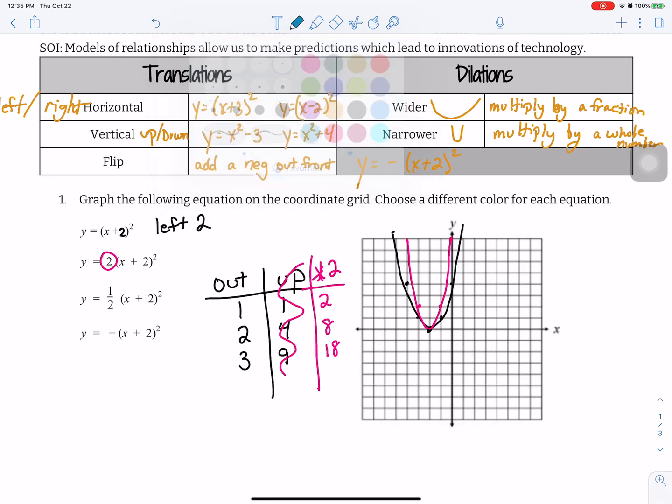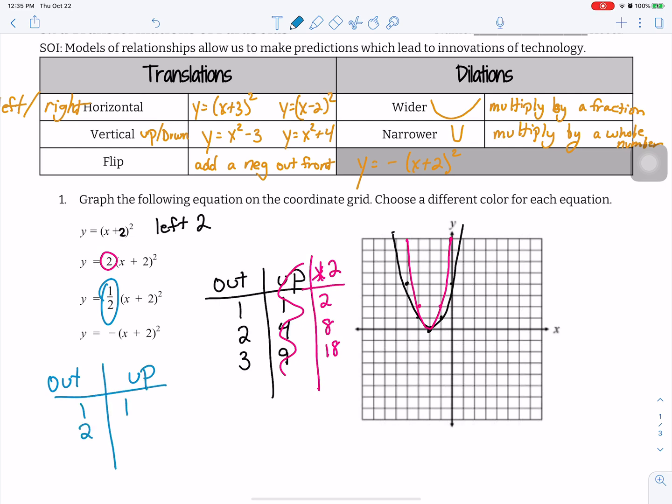Looking at the next one, I now have a 1/2. So I'm going to go back to my original out and up. We're going to be using these a lot. I'm going to add in a new column, which is going to be a times 1/2. So instead of up 1, I'm going to now go up a half. Instead of up 4, I'm going to go up 2. Instead of up 9, I'm going to go up 4.5. I cross this column out because I don't want to use that. I want to graph just the out and the times 1/2.